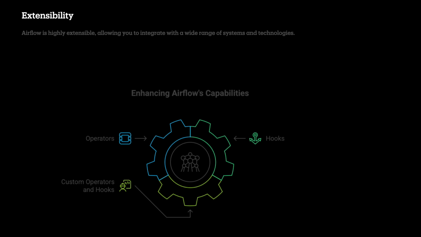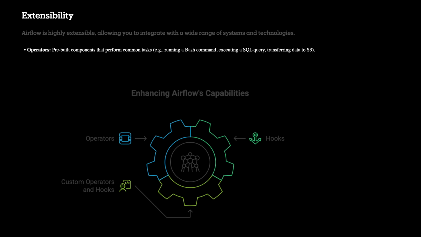So for the enhancement, Airflow has particular capabilities, like it has operators, it has hooks, and then custom operators and hooks. So what is operator? Operator is nothing but a pre-built component that perform common tasks.